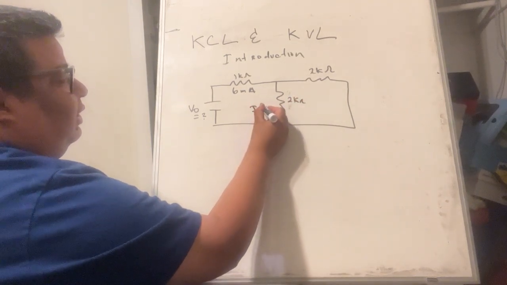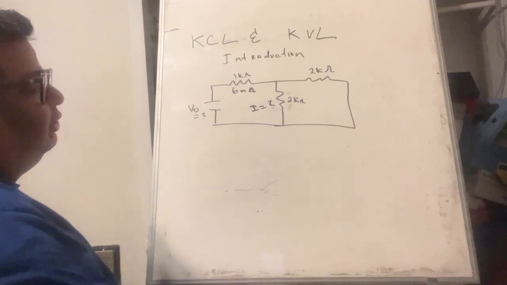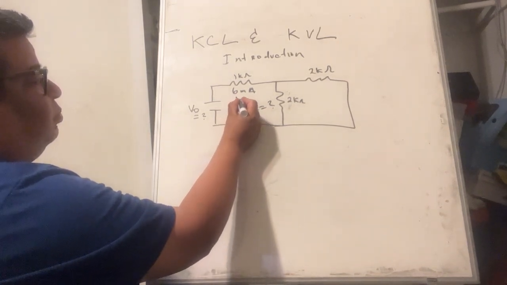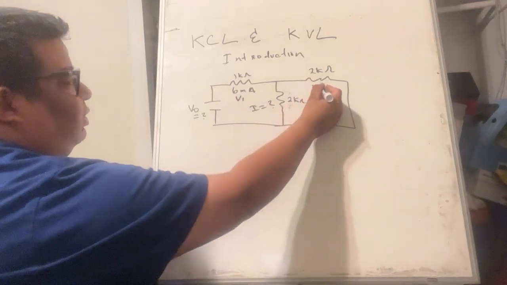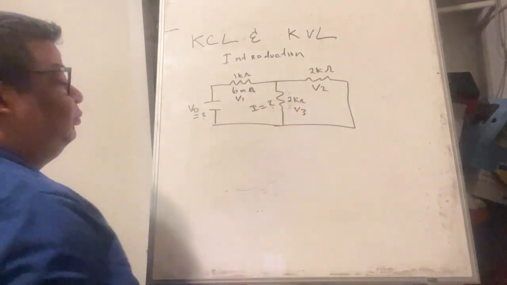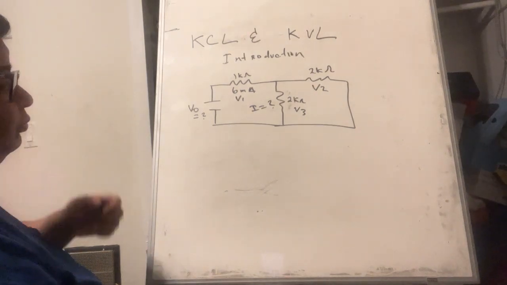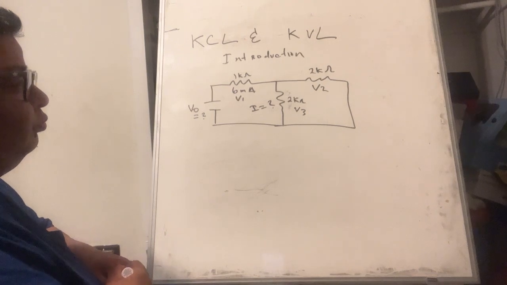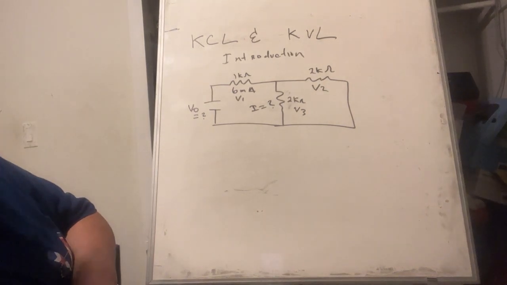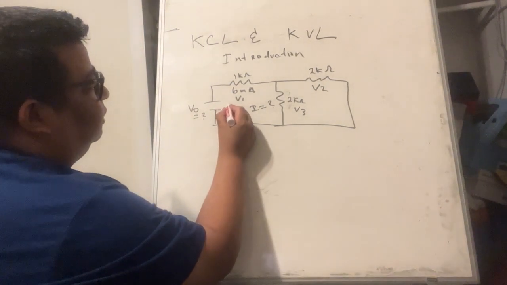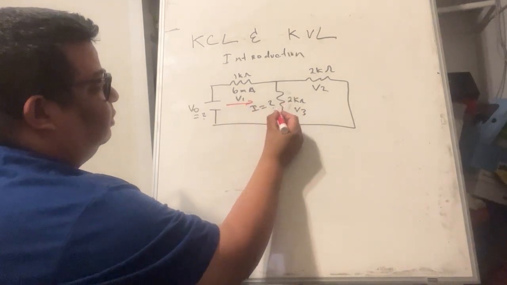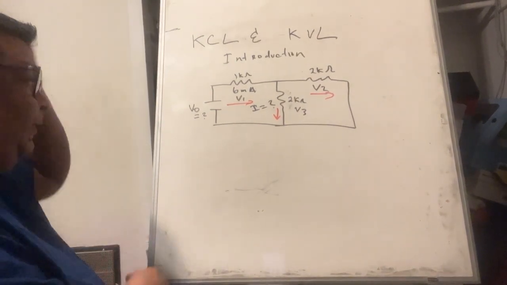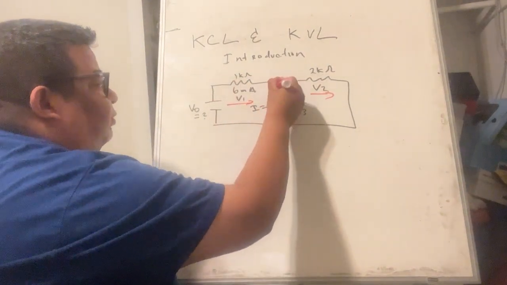We want to find I here. Let's say this is V1, V2, V3. We know the current is going this way and this way. So this is a junction point.